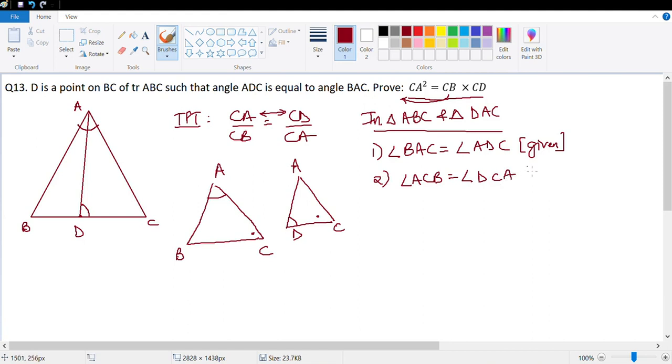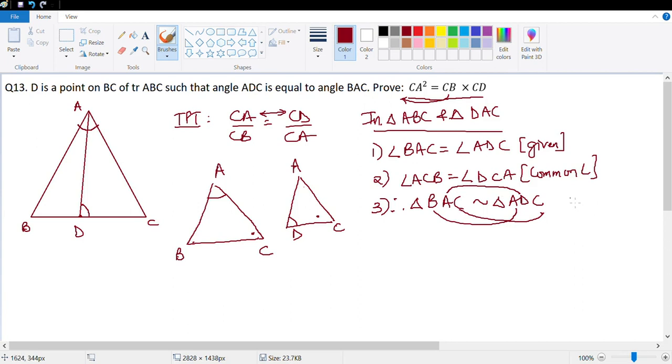This is the common angle. Therefore, triangle BAC is similar to triangle ADC. Let's confirm: angle B is equal to angle A, so this is the one-on-one correspondence. Angle A is equal to angle D, that's correct, and angle C and angle C are equal. This is by AA test.